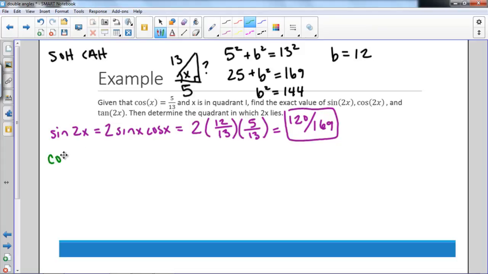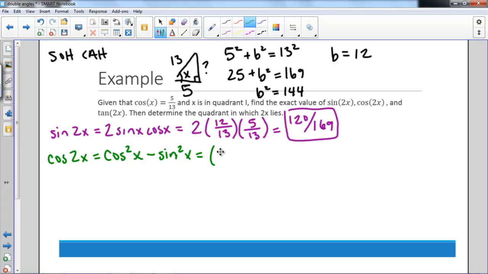Now I need to find cosine 2x. I'm just going to use the first equation, cosine squared x minus sine squared x.